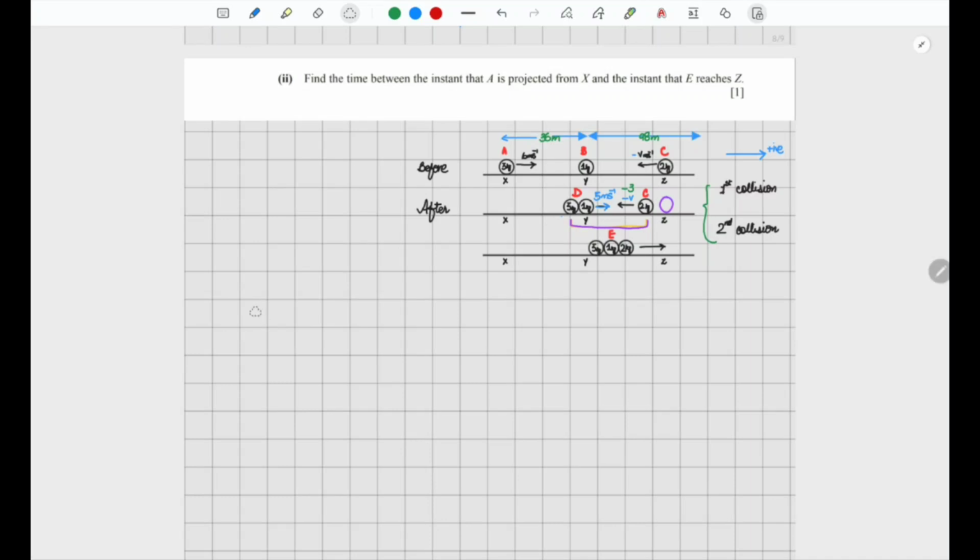Okay, so the total time would be the time for particle A to reach B plus the time for the D particle to reach C. This time A to B is the same time that C reaches somewhere here in the middle from Z. And then there was a time when D and C approached each other and collided, so there is a time T to C. And thirdly, the time when they all three are one, and the time taken by E to reach point Z.